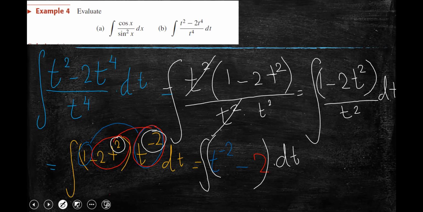Teacher, isn't it supposed to be 2 to the power 0? It will be 1. Yes, 2 times 1 is 2. No, 2 to the power 0 will give me 1, but this 2 here I multiply by this 2.